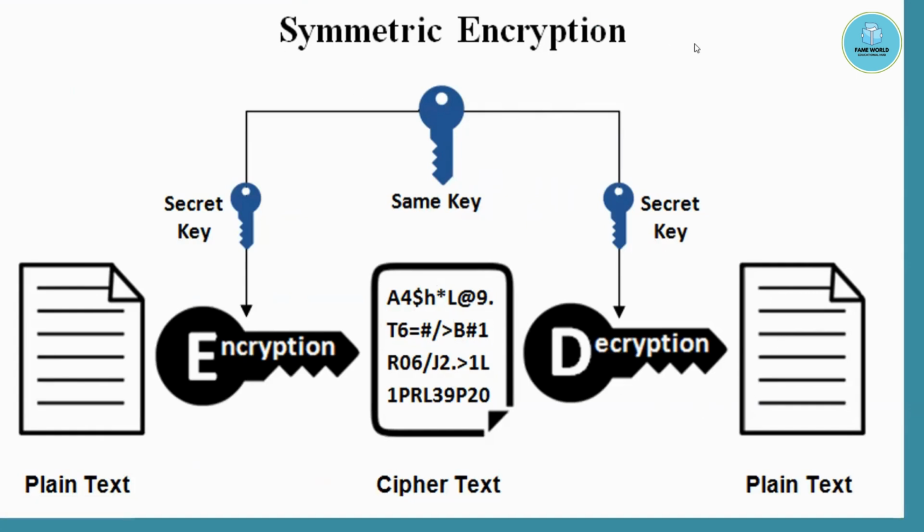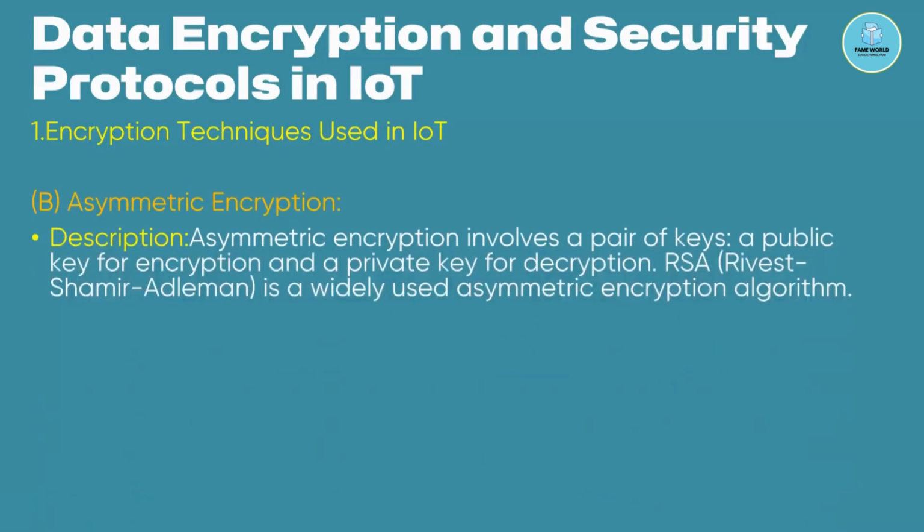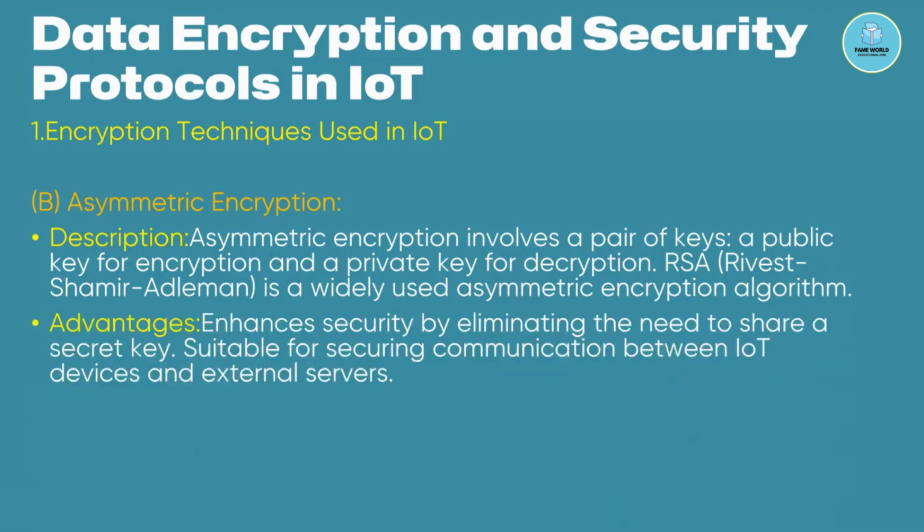In the case of asymmetric encryption, we have two different keys: a public key for the encryption and a private key for the decryption. RSA, Rivest-Shamir-Adleman, is one example, a widely used asymmetric encryption algorithm. The advantage is enhanced security because two different keys are used.